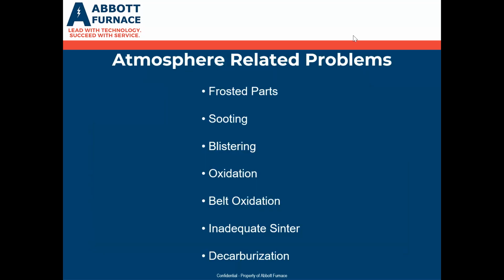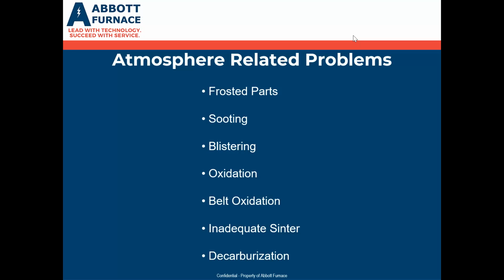So some of the problems that we would see in the product that would point the finger at an atmosphere problem or a temperature problem. To look at an atmosphere-related issue would be the product.